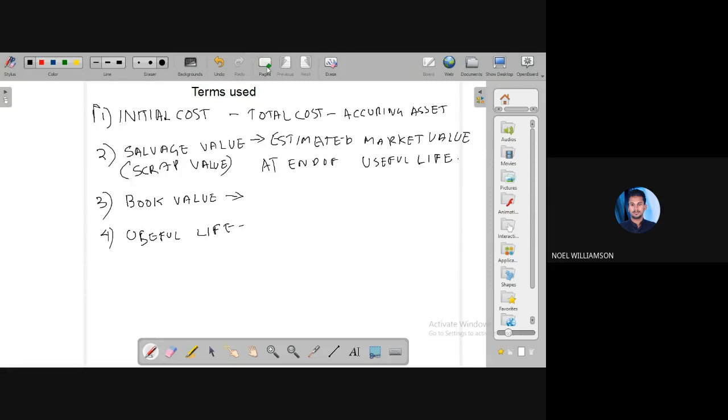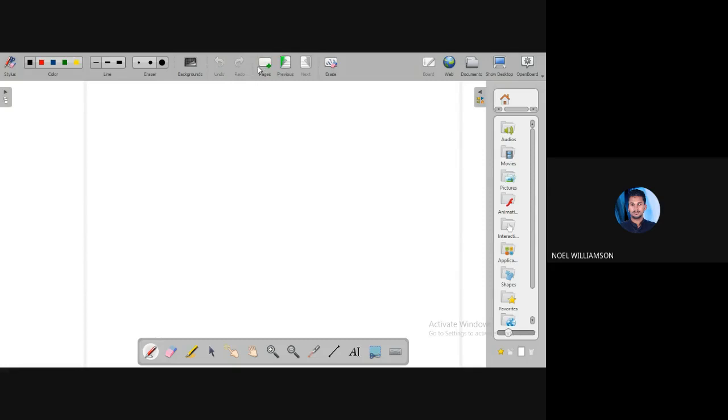Now we will see some methods for calculating the depreciation.